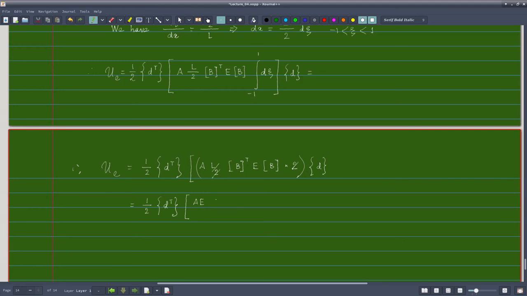B transpose was -1 1 by L, so 1 upon L, into my B. B is -1 1 into again 1 upon L, isn't it?